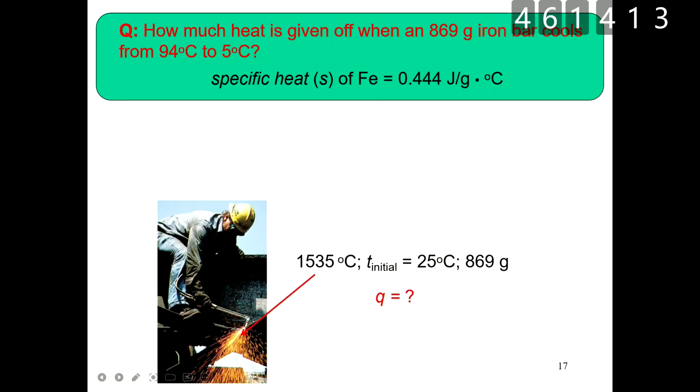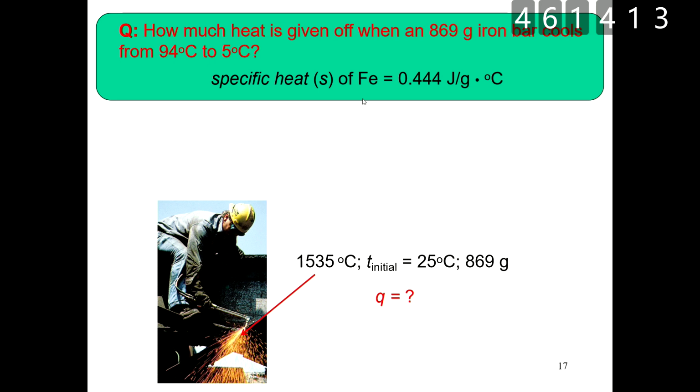So, question. How much heat is given off when an 869 gram iron bar cools from 94 degrees to 5 degrees?